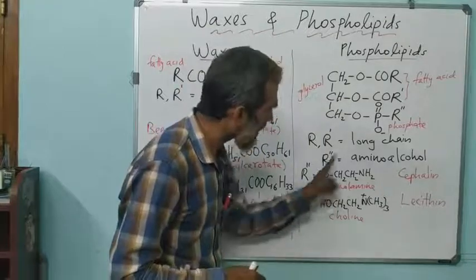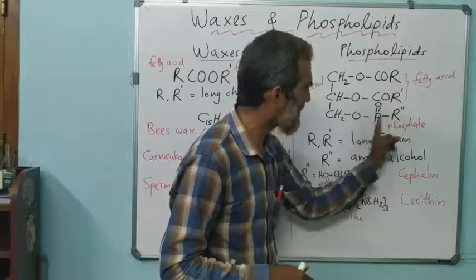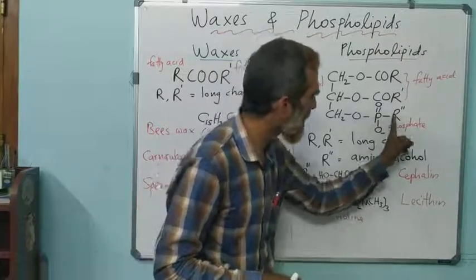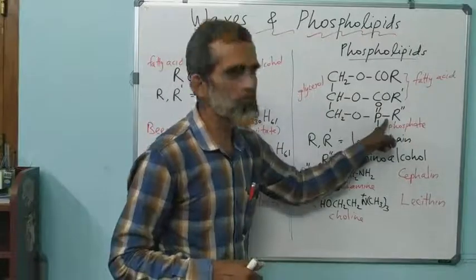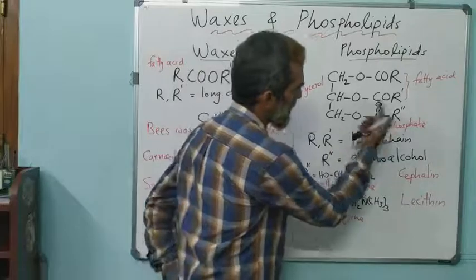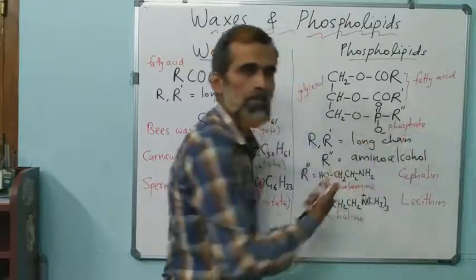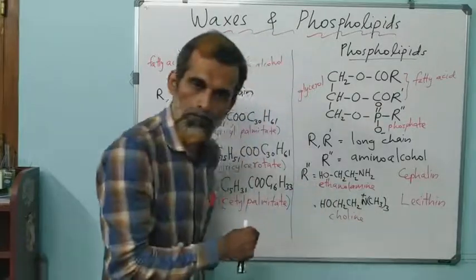So this OH also will connect to OH here of this phosphoric acid group, forming an ester linkage. So actually this is a phosphodiester linkage, because phosphorus has one oxygen to this side and one oxygen to that side. So R double dash can be the ethanolamine group.